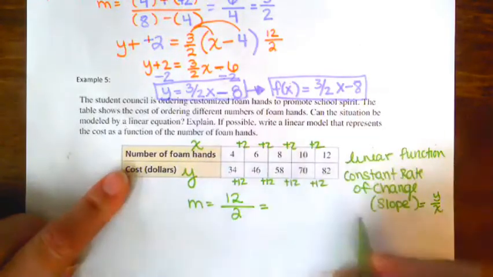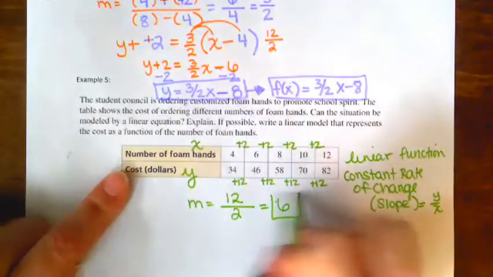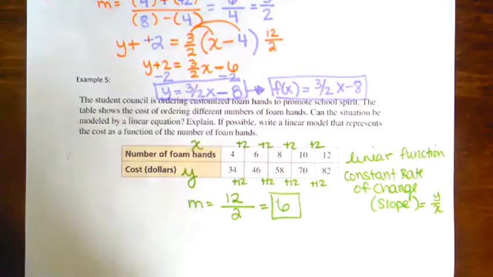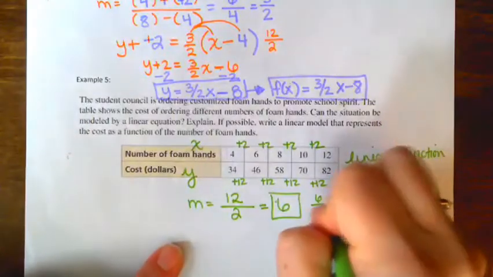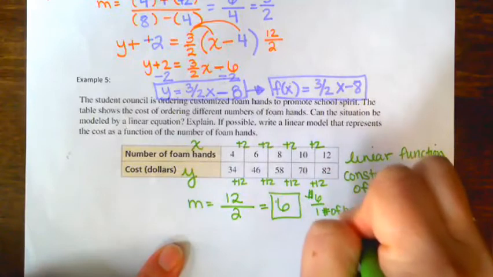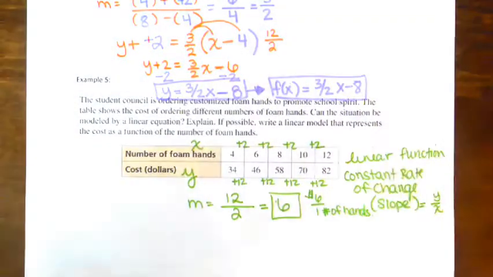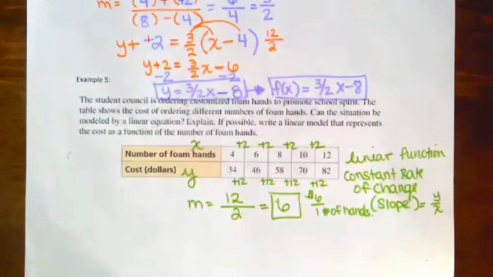So we know actually my slope or my constant rate of change is $6 for every 1 hand, right? Because if we actually simplify that, it's 6 over 1. And we said this is cost over the number of hands. So we know for every hand, it is increasing by $6, right? Are you guys okay with that?